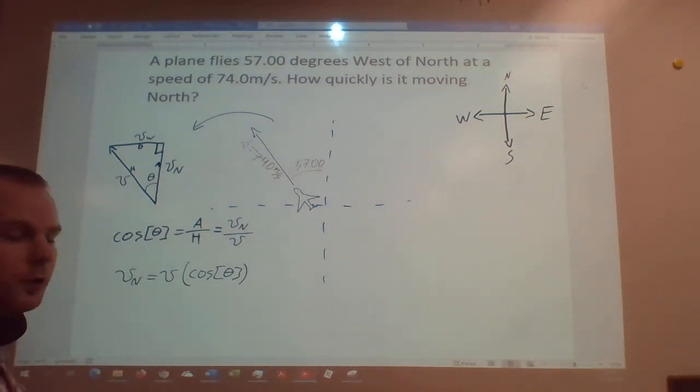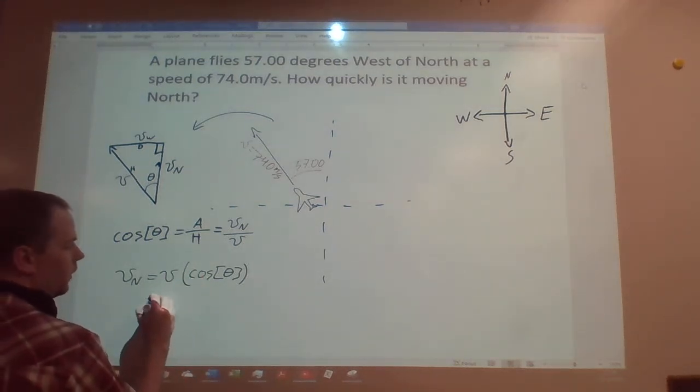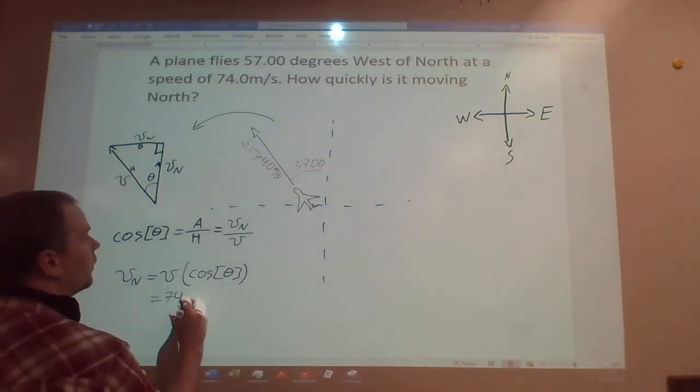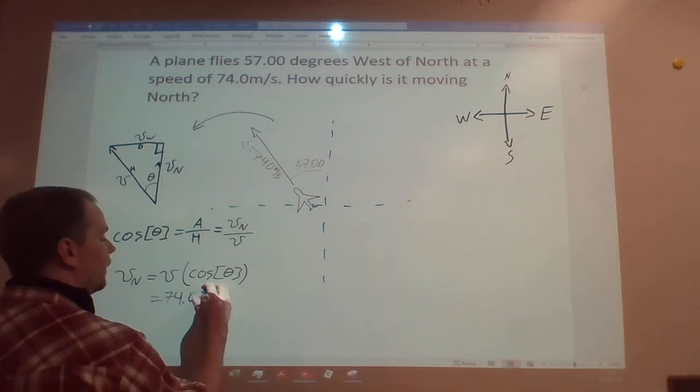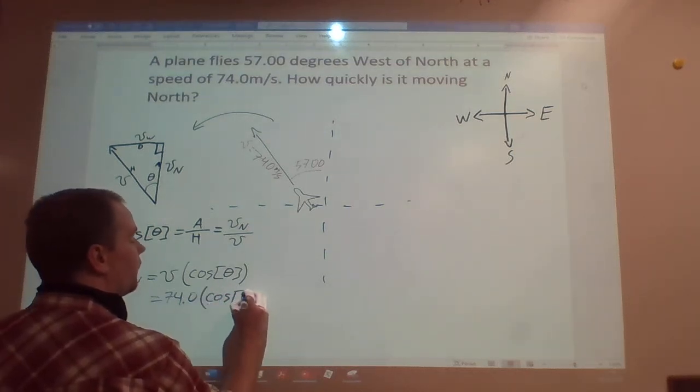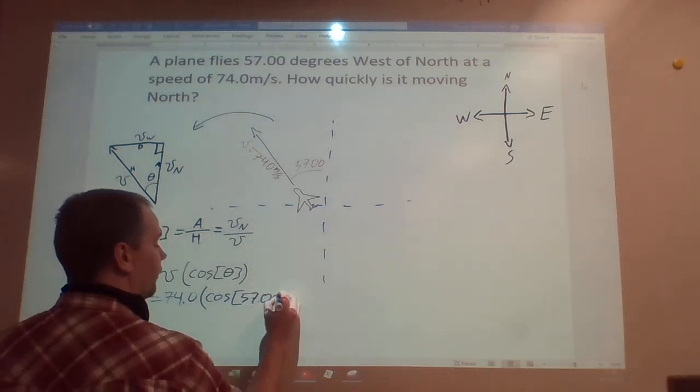So then we plug in our numbers. V is 74.0 times the cosine of 57.00.